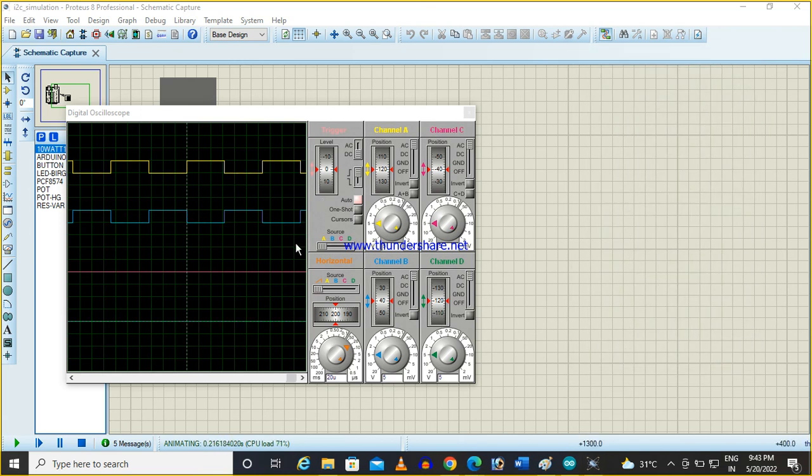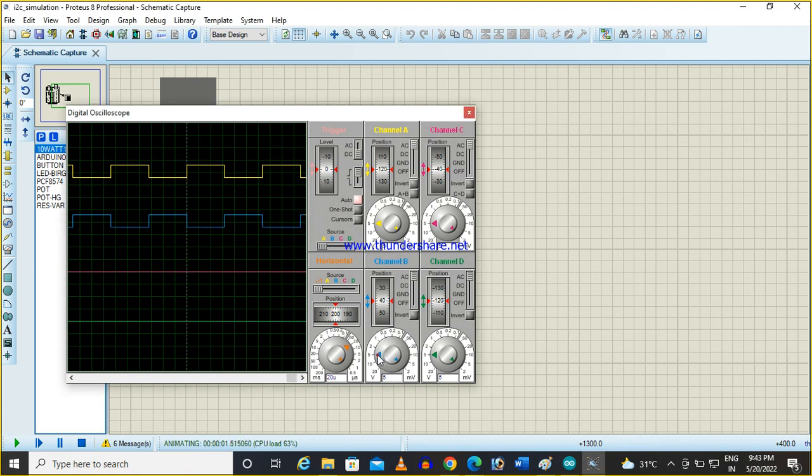See, now the channel A, if I slightly shift it, the channel A, it was yellow, which is giving non-inverting PWM, and channel B is giving exactly inverting PWM. This also I will make 1.